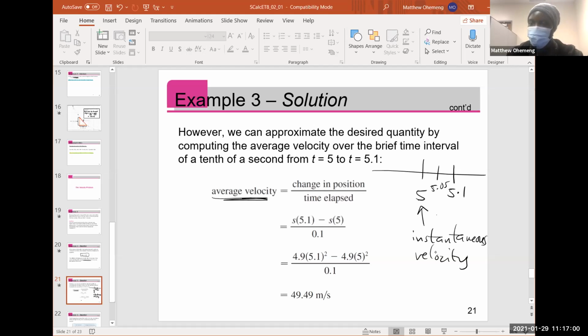You compute average velocity closer and closer. You can also measure average velocity from the other side too, say 4.9, 4.999, 4.99999. Looking at the average velocities obtained for the intervals from the left and from the right, you can then guess what your instantaneous velocity at time 5 is.